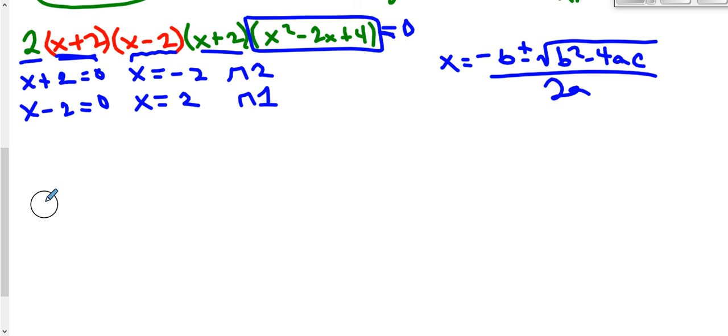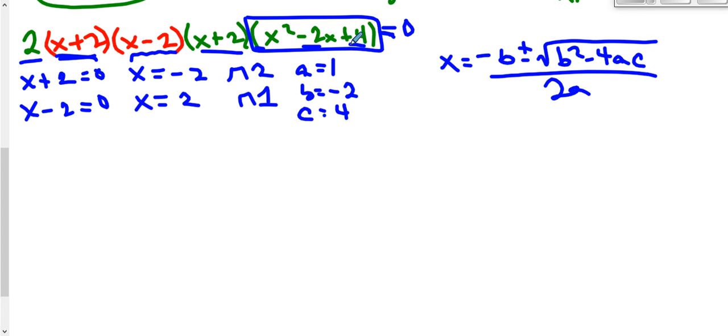In this problem, A is the number 1, B is the number -2, and C is the number 4. Let's fill in the quadratic formula to solve for my missing x values. I should have 2 more x values here because this has x squared in it.